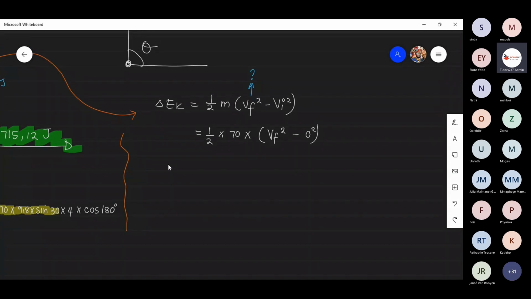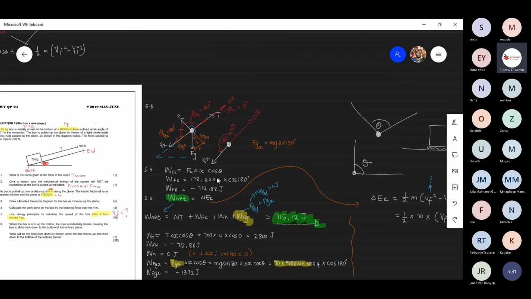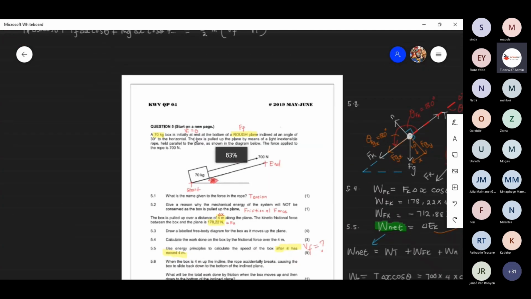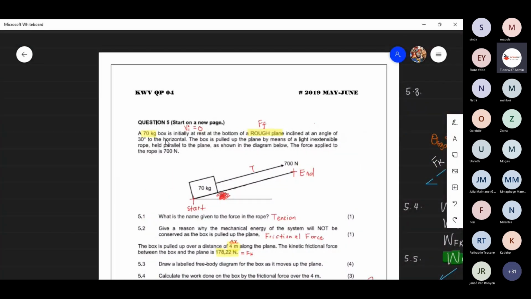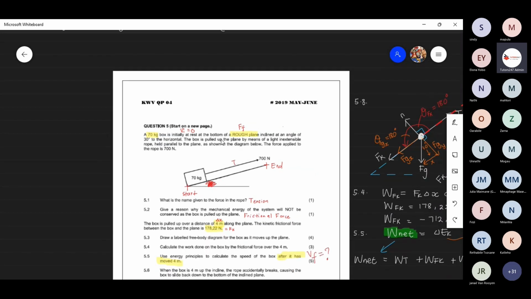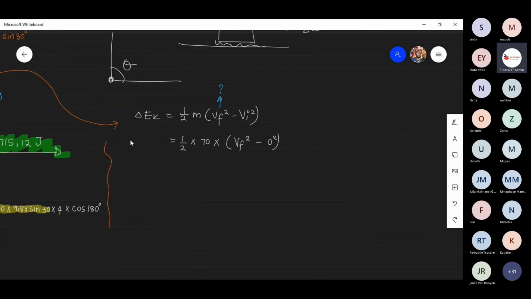We were told that this object was initially at rest at the bottom of the incline, one of the very first things that we identified. It states a 70 kg box is initially at rest, meaning that it is initially stationary. It's not doing anything, it's just stopped. So we know that there is an initial velocity of 0 meters per second.